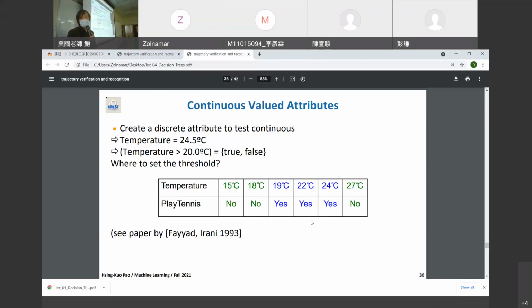Or maybe based on your intuition, where should we decide our cut point? Can you say something? Maybe you can call out. If you are joining remotely, you can also say something.